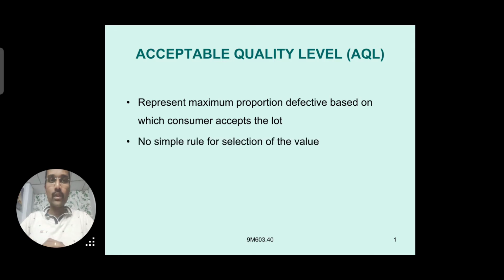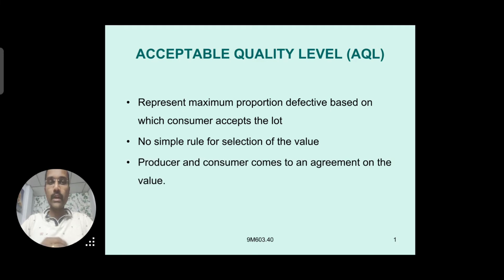will accept the lot. And for this, no simple rule is followed for selecting that particular value. At this acceptable quality level, the agreement is made between the producer and consumer. Why?